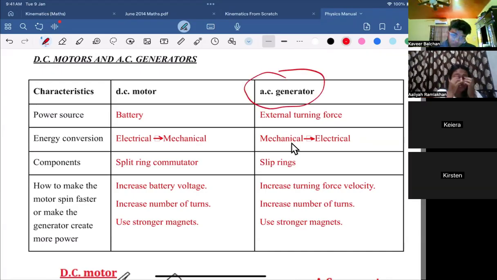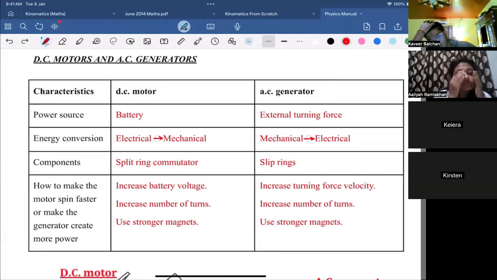An AC generator is the opposite. It works in the opposite way. You spin it and it creates power. Justin, components. The DC motor has a split ring commutator, and the AC generator has slip rings.